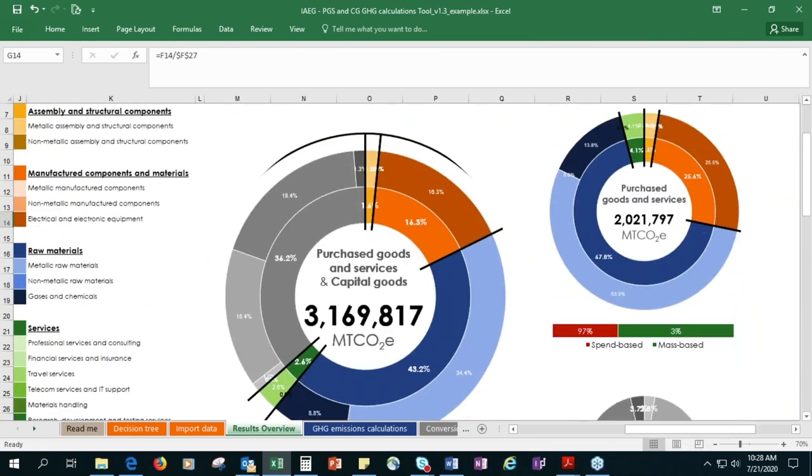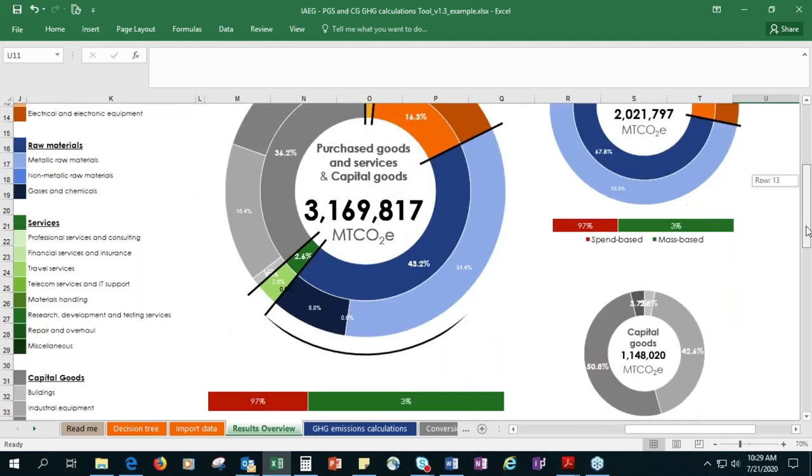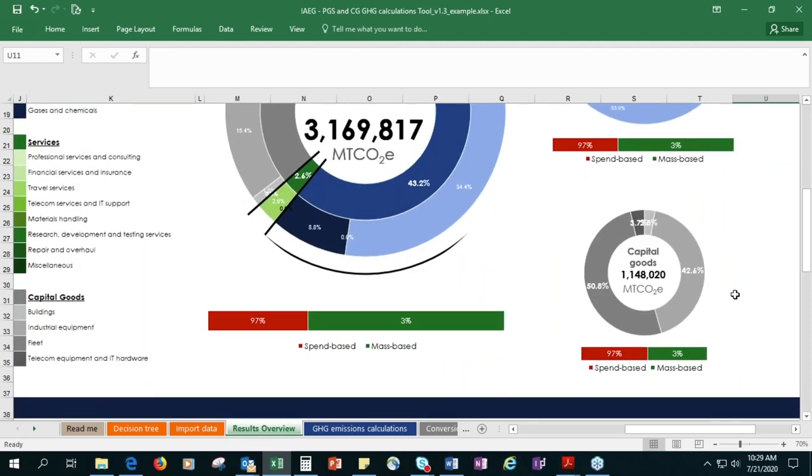And then as purchase goods and services and capital goods are indeed separate categories within the scope 3 reporting of those 15, those are 2 separate categories. It's helpful to understand the breakout between those separately. So we've got a donut chart for purchase goods and services, and then we've got one for capital goods as well.